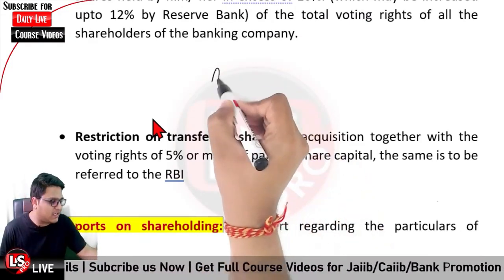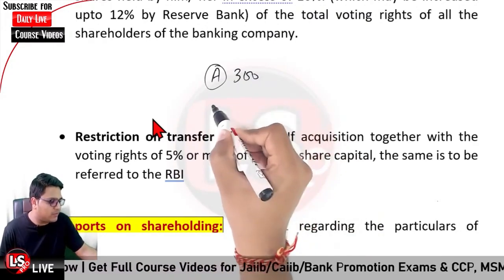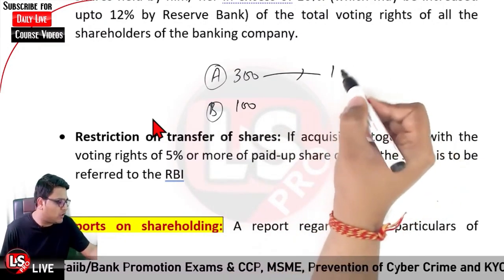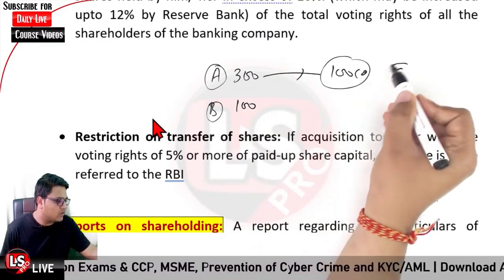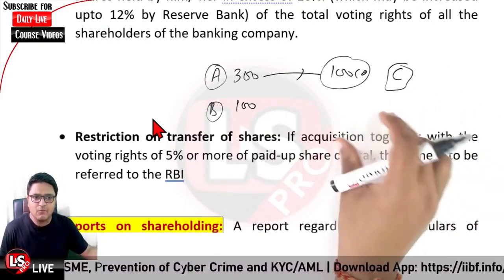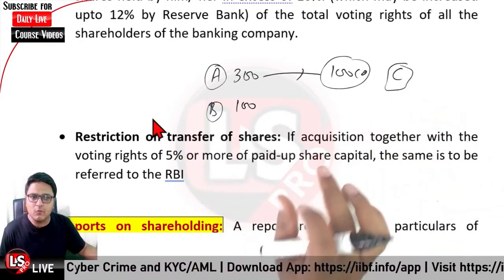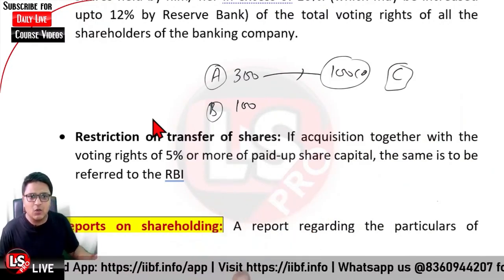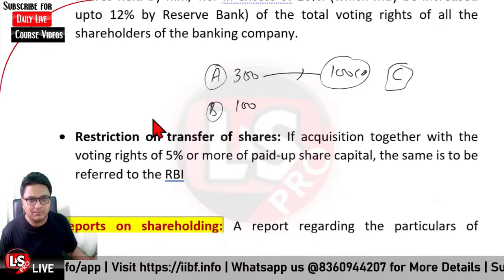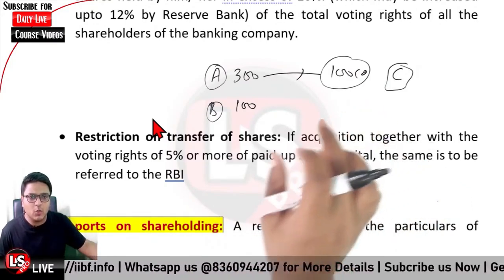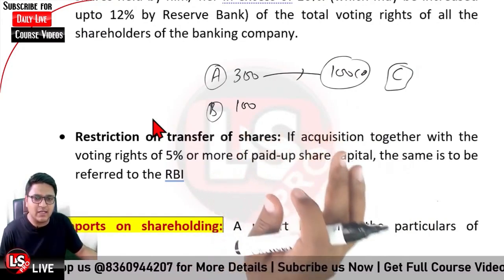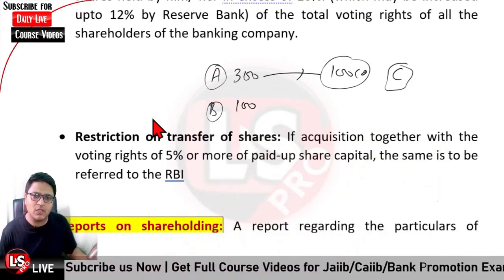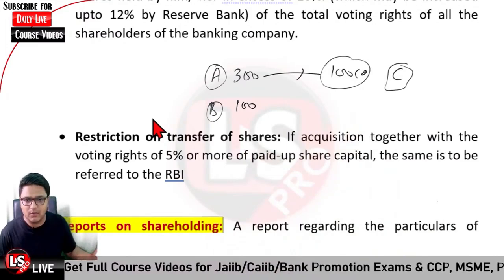It cannot be the case that A has 300 crore of share value and B has 100 crore of share value, and B wants to transfer the shares of value 100 crore to, say, person C. If any value exceeding 5% of the voting rights or of the paid up share capital is to be transferred, then it is to be referred to RBI first of all, and only after the permission from the Reserve Bank of India can this transfer be made, otherwise it cannot be.